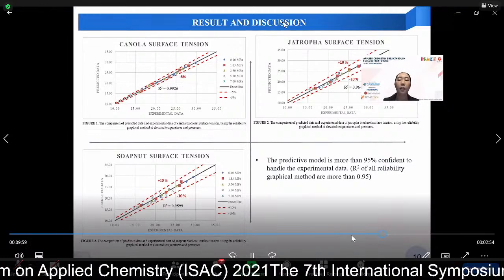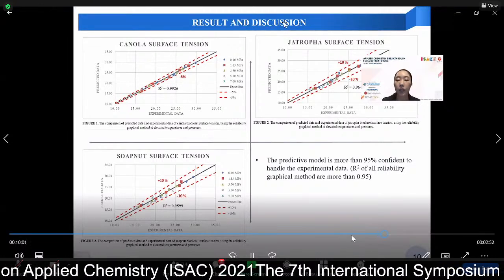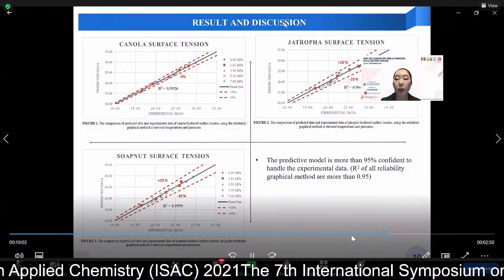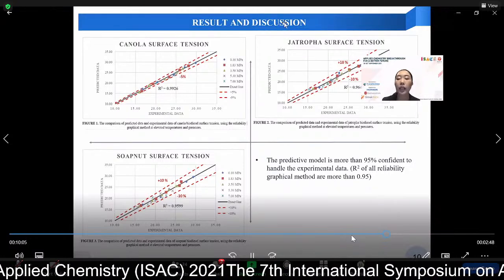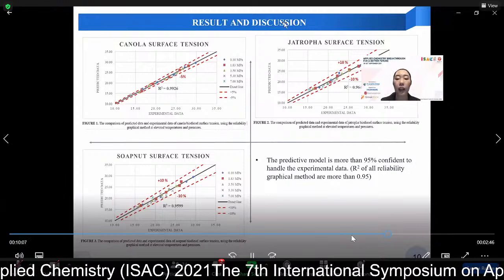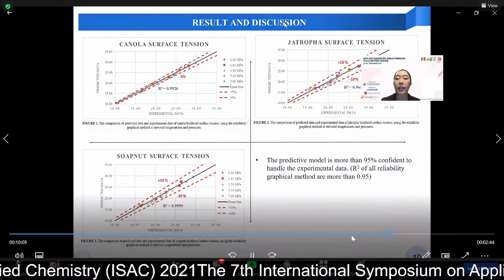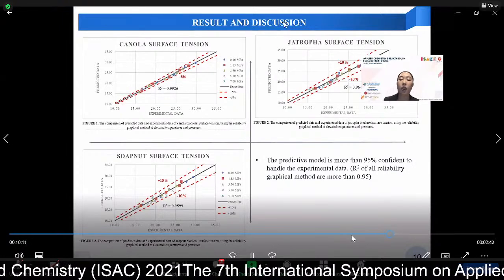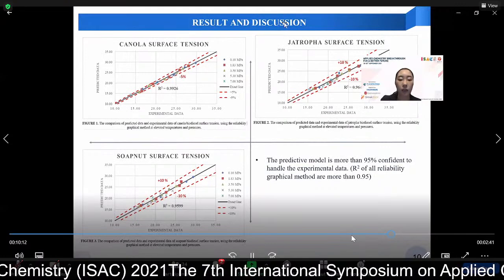The assessment of compatibility of the model can summarize that proper for these three sample cells due to the criteria of percent AAD, the derivation result, and the coefficient of determination result.